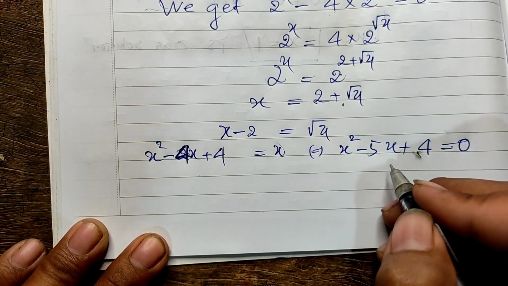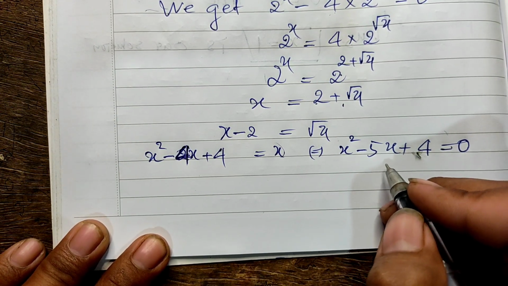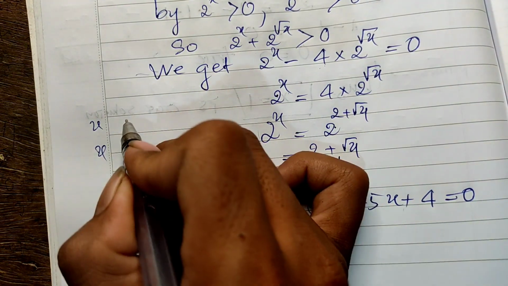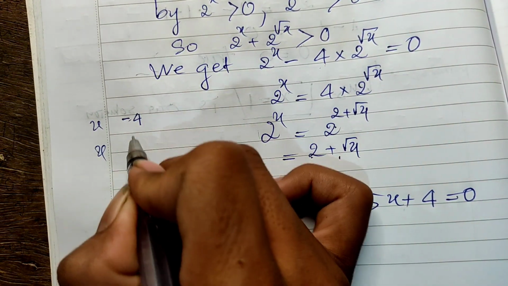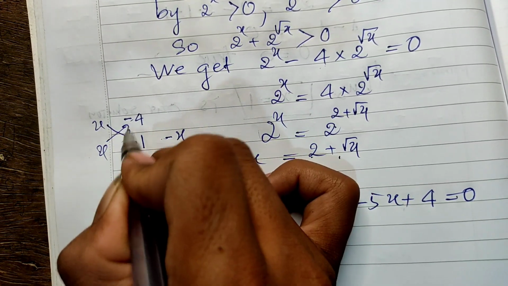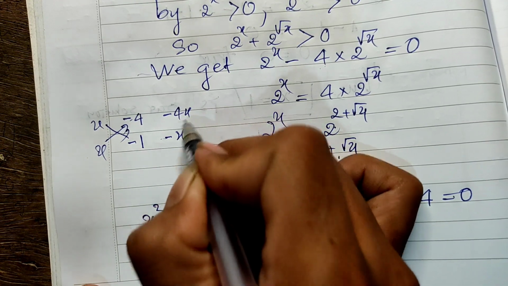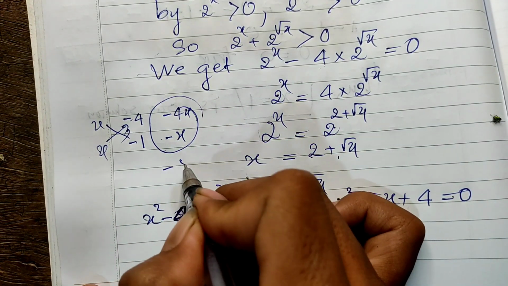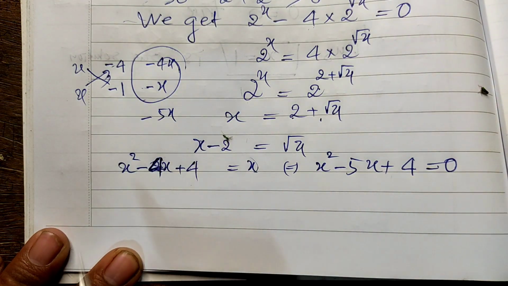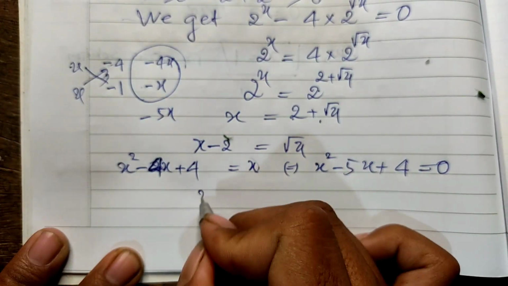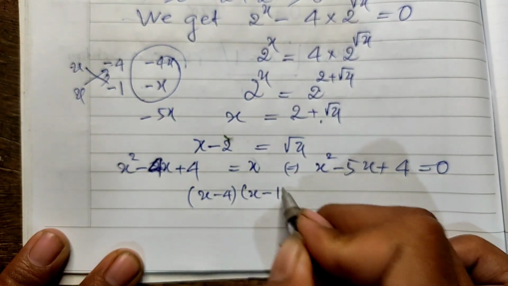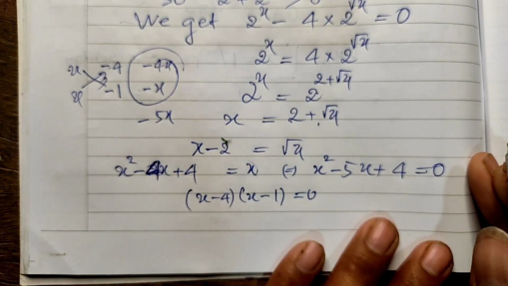And so this, I can factor into two factors. We know for 4, I get minus 4 and minus 1, and I multiply it, I get 4, and this gives minus 5x. So I have two factors: x minus 4 and x minus 1 equal 0.